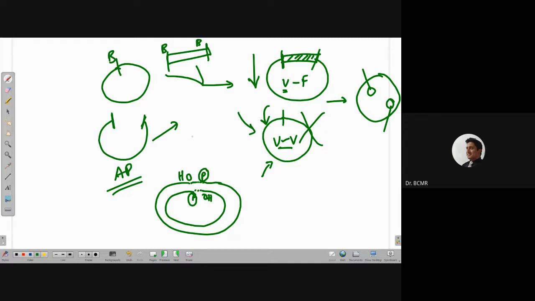For formation of a phosphodiester bond, we want a 5' phosphate group and a 3' OH. Because we are treating with alkaline phosphatase, it removes the phosphate group, and the same happens here too. When it removes the phosphate, it leaves an OH, and now ligase cannot act upon it.